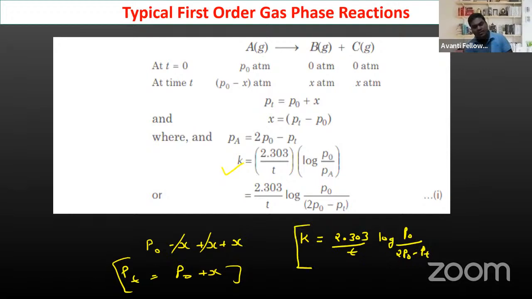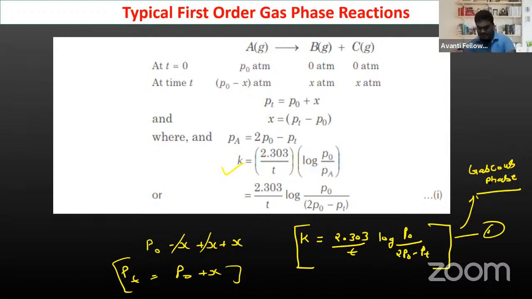This is very, very important from a numerical point of view. Yes, this formula you must remember. This formula we use only when the reactants are in gaseous phase. So whenever the reactant is in gaseous phase, we use the formula like this.